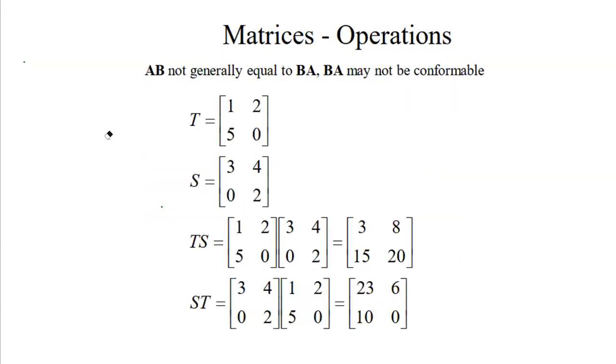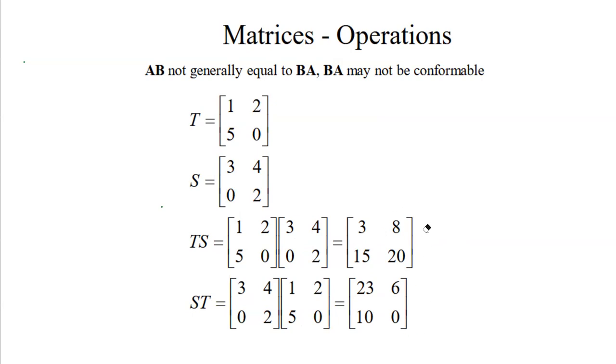Oh, yeah, sorry. Look at this one. So AB not generally equal to BA, right? So they give you two matrices, right? 2 by 2, 2 by 2. And they find TS and ST. And you see there are two different matrices.